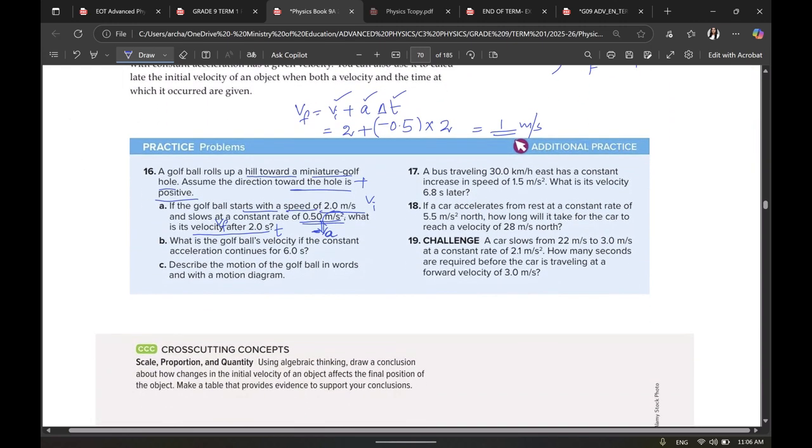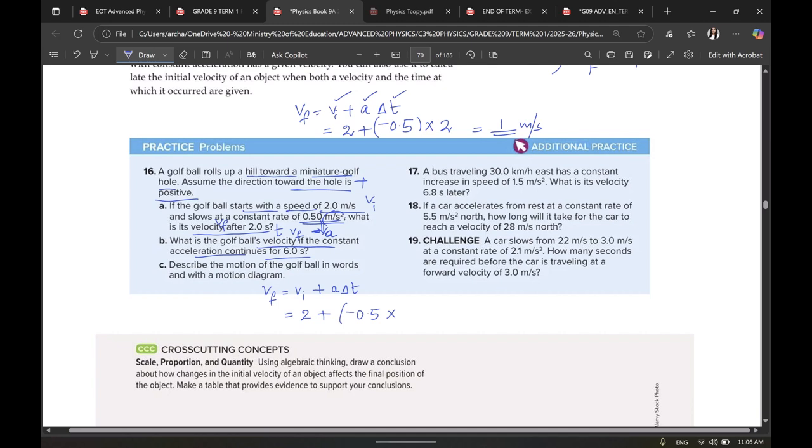Now, B part. What is the golf ball's velocity if the constant acceleration continues for 6 seconds? Now, the time has changed. They are asking for the golf ball's velocity, VF, again by changing the T. So again the same equation, VF is equal to VI plus A delta T. Starting with the same initial velocity, so 2 again plus minus 0.5 multiplied by 6, because the acceleration also is constant, isn't it?